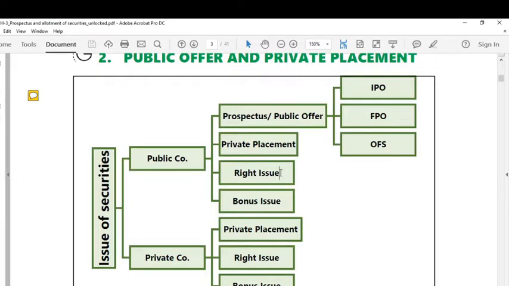So this is the right issue, which gives an opportunity to the existing shareholders to grow along with the company.